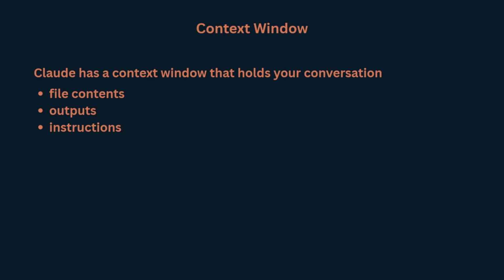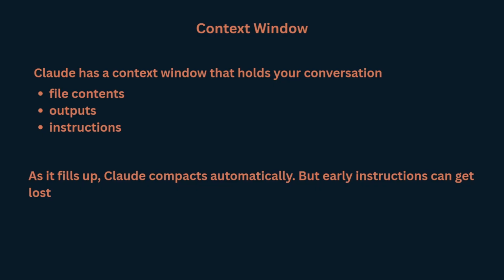Context window has a size limit, which means a memory limit. So make sure that you do your work within that context window. However, if the context window fills up, Claude compacts the conversation automatically. But since it will compact the whole information, meaning summarize, some instructions can get lost.